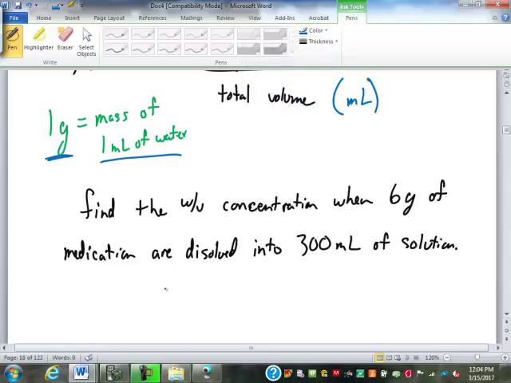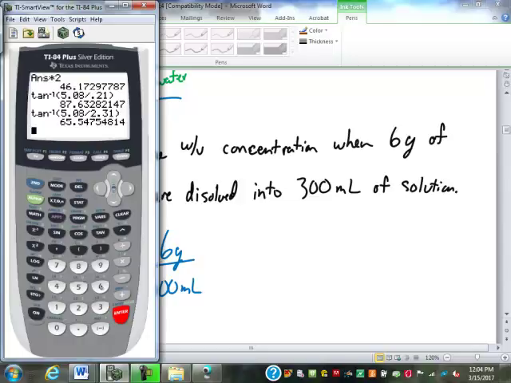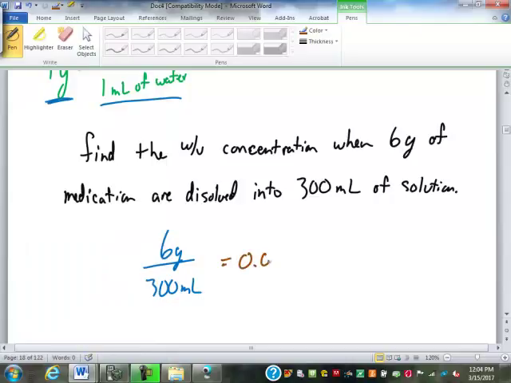So this does meet the qualification. The mass or weight is in grams. The volume is in milliliters. And we'll divide that out. 6 divided by 300 should give us 0.02, which of course is 2%. So that is a 2% concentration solution.